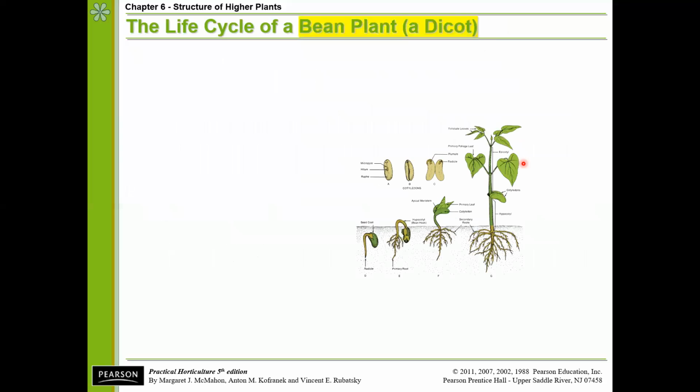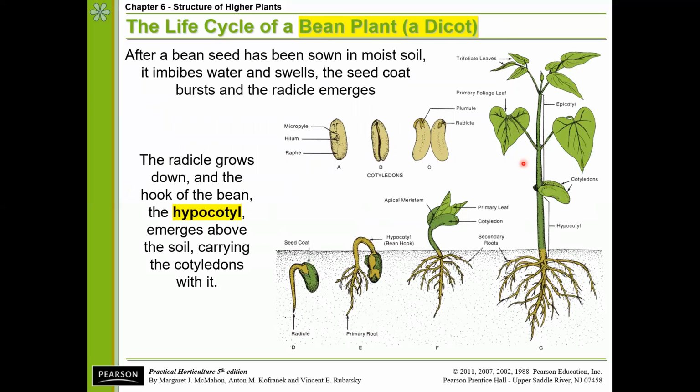All right, so let's look at an example of a dicot in the life cycle of it. Since we started with corn, we'll look at beans here, kind of our counterpart in terms of diet, because if we remember talking back about the nutrition aspect, corn and all of the grains are lacking in one essential amino acid, often lysine, which beans supply, and beans are lacking in methionine, which the grain supplies.